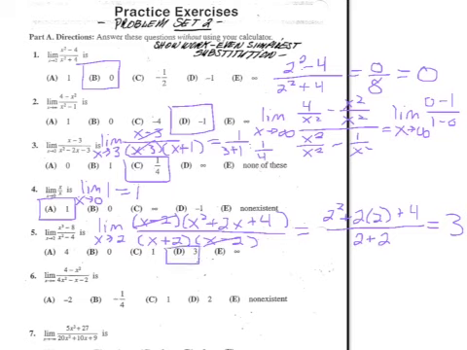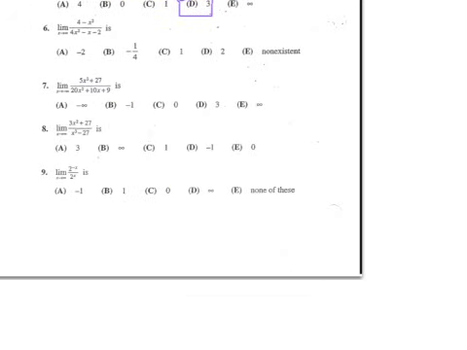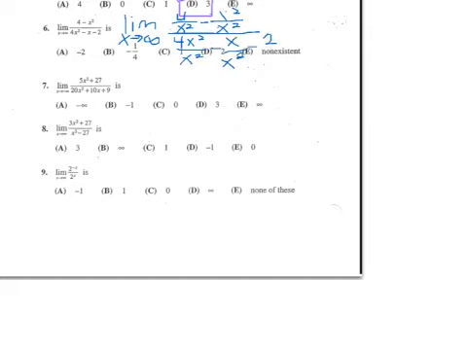For number 6, again, we have a limit as x approaches infinity, so we want to divide each term again by x squared. So we have the limit as x approaches infinity of 4 over x squared minus x squared over x squared over 4x squared over x squared minus x over x squared minus 2 over x squared.